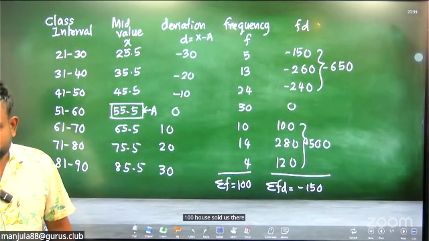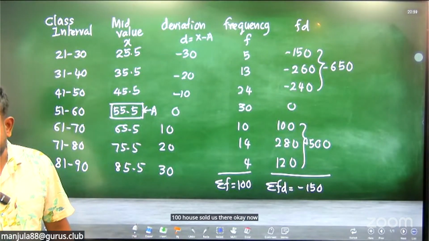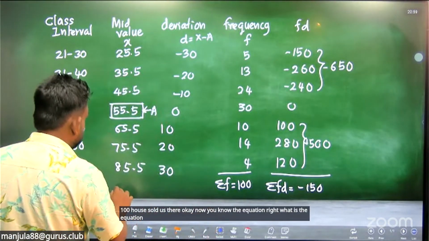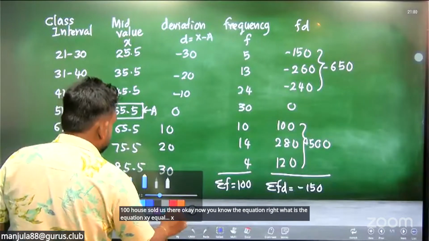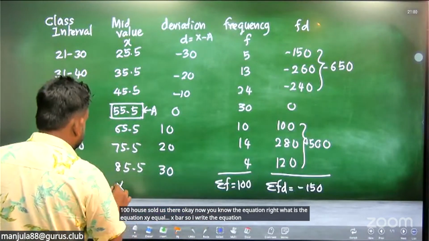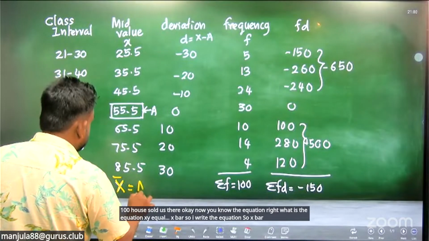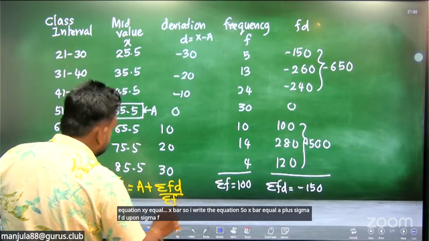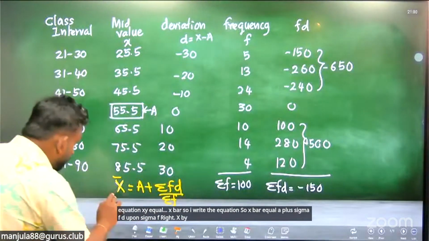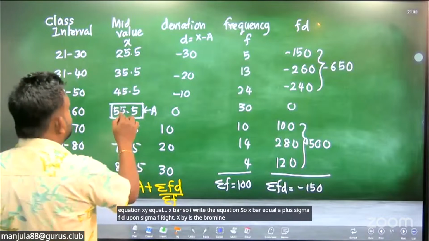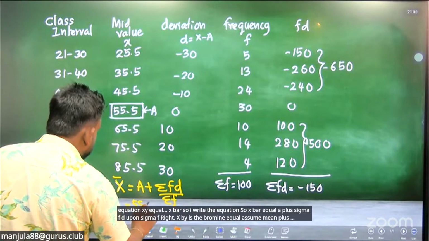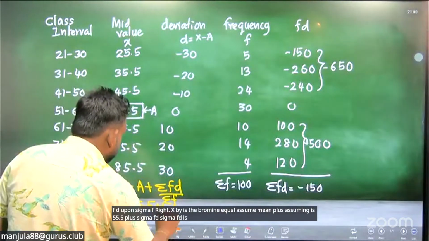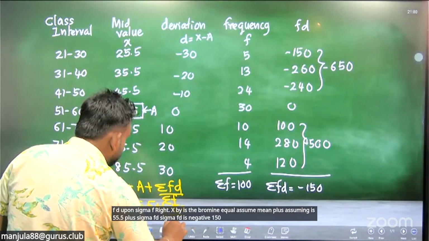Now you know the equation, right? What is the equation? I write the equation now. x bar equals a plus sigma fd upon sigma f. x bar is the true mean, equal to the assumed mean, 55.5, plus sigma fd, which is negative 150, divided by sigma f, which is 100.